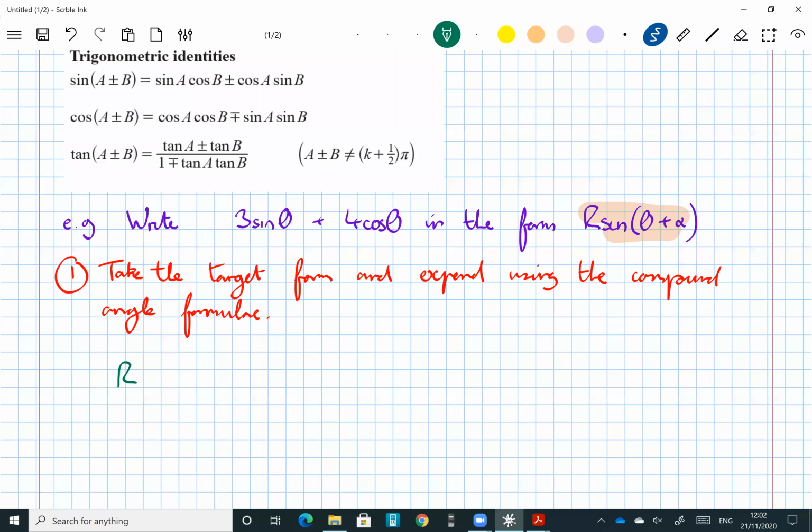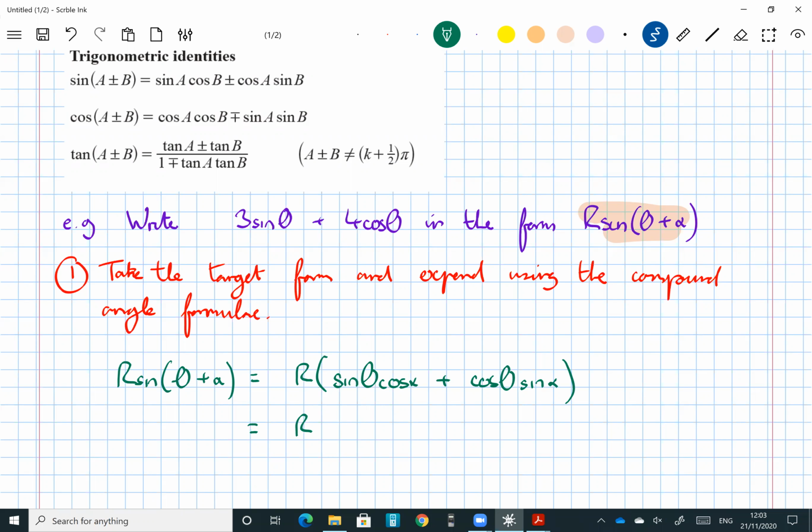So we've got r sine of theta plus alpha equals r times, and here our theta is A and our alpha is B. So r sine theta cos alpha plus, then we've got cos theta sine alpha according to the compound angle formulae, and expand it further.